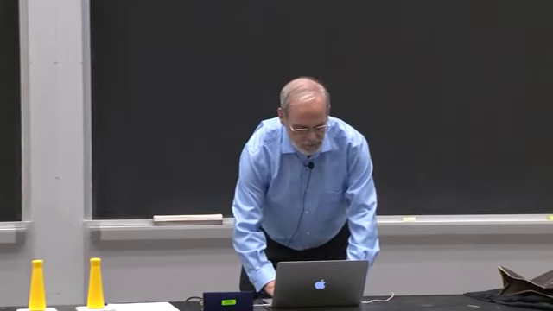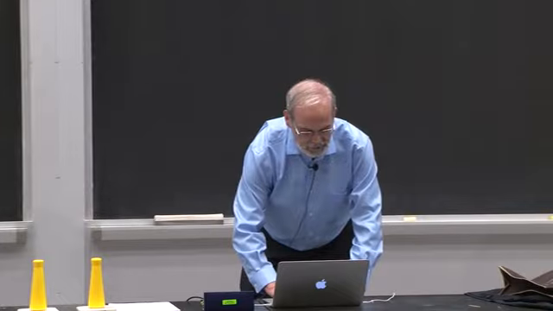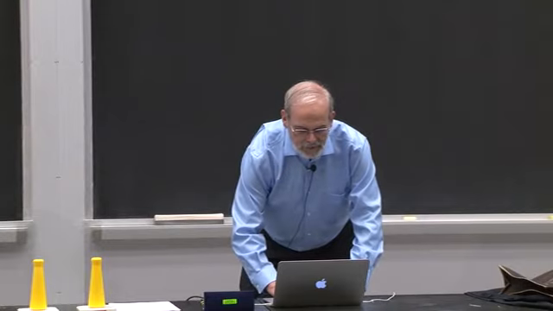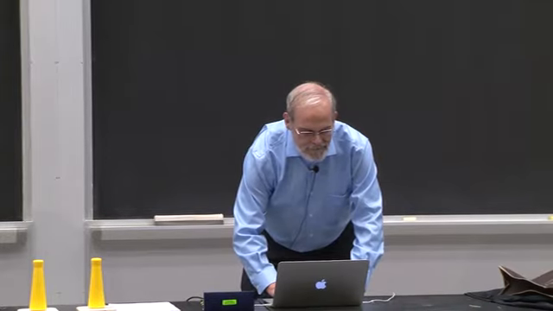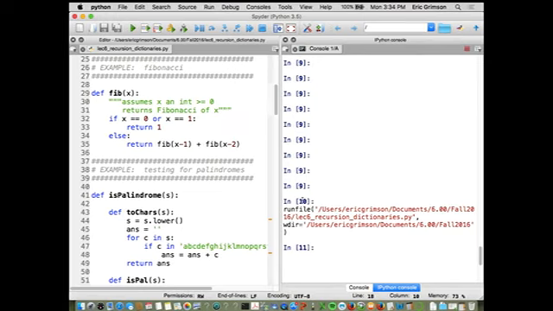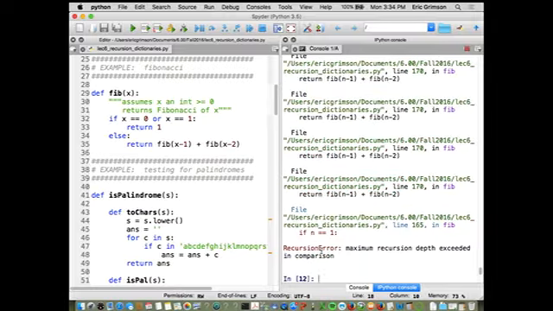Okay? And if we go look at this, we can actually run this. If I can find my code, which is right there. So we can, for example, check it by saying fib of 0. I just hit a bug, which I don't see.